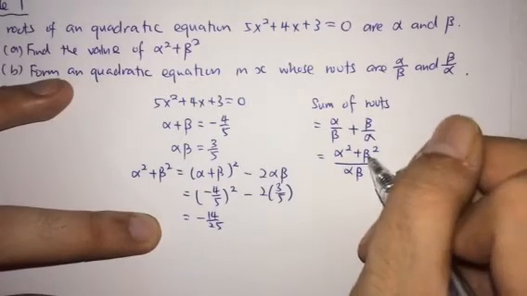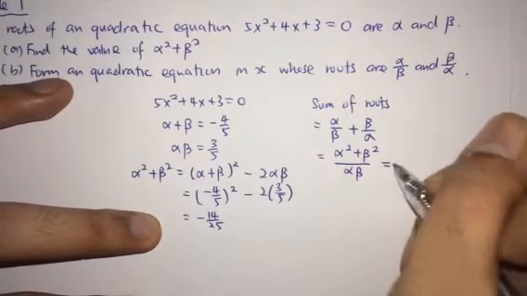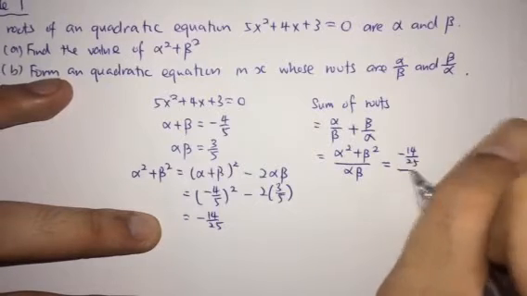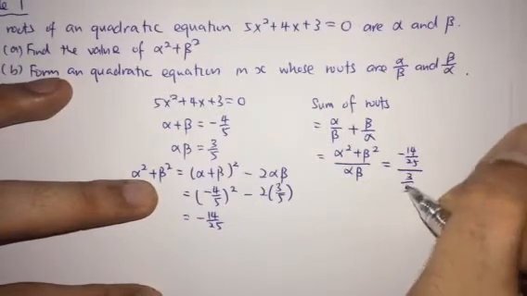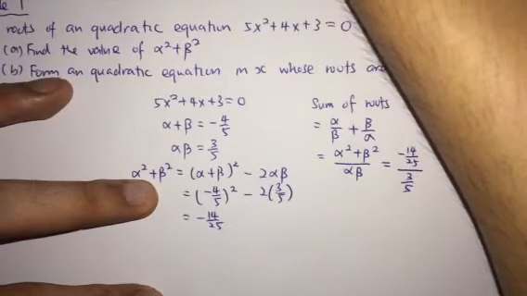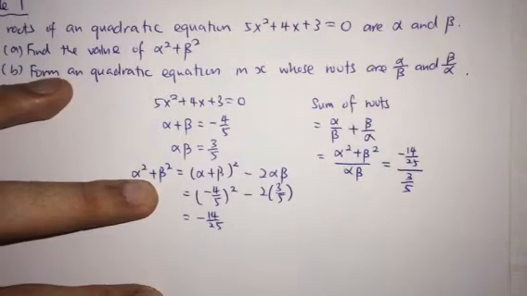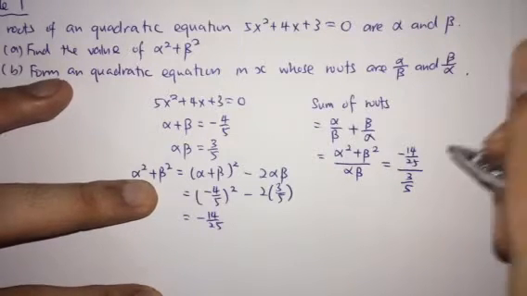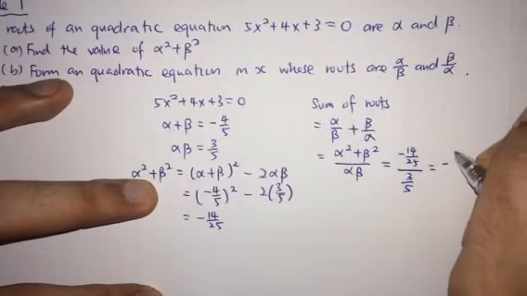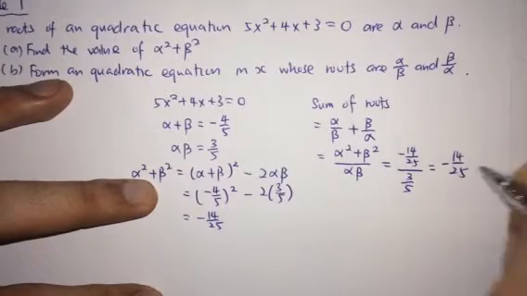Substituting the values, alpha squared plus beta squared is minus 14 over 25, divided by 3 over 5. This gives me minus 14 over 15.